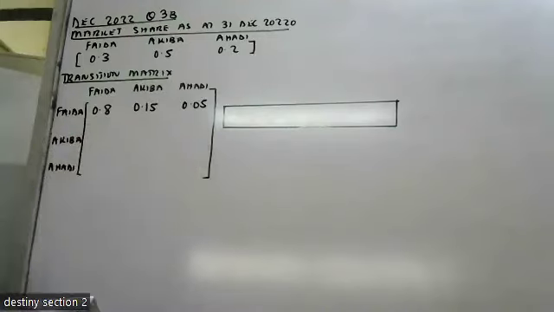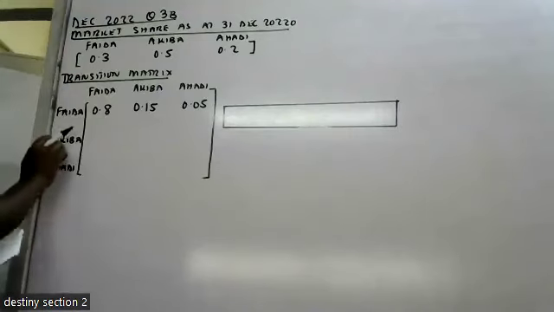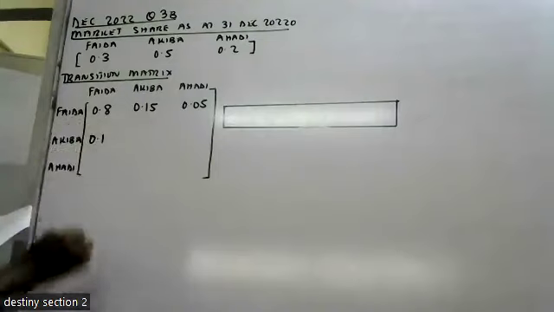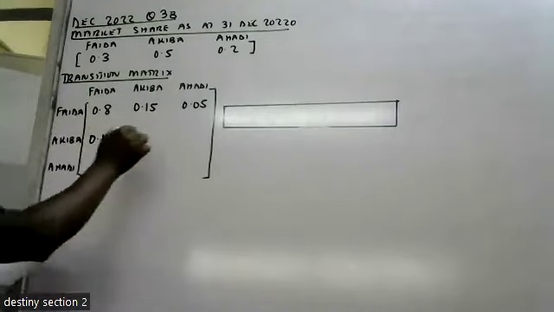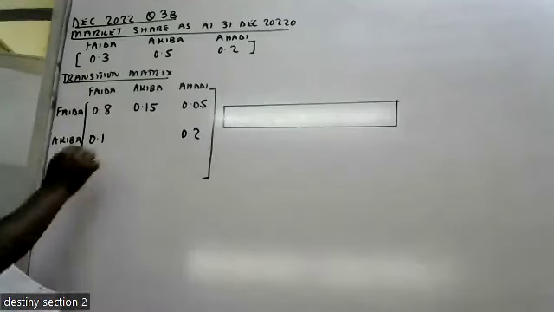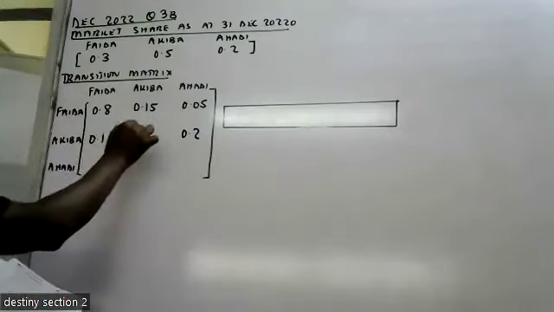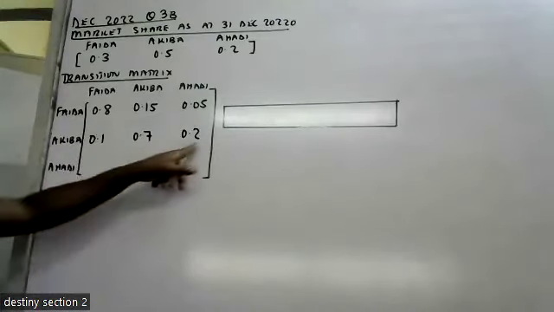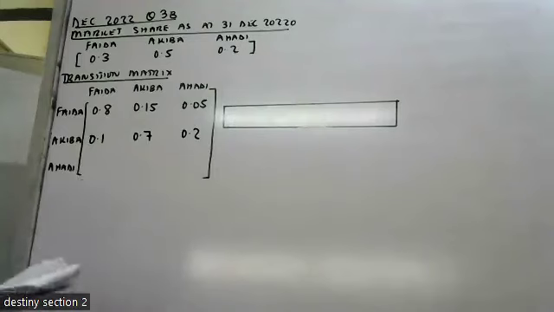Akiba had lost 10% of its market share to Faida and 20% to Ahadi. So Akiba lost 10% to Faida, so 0.1, and lost 20% to Ahadi. That goes without saying, it must have retained 0.7 so that they add to 1.